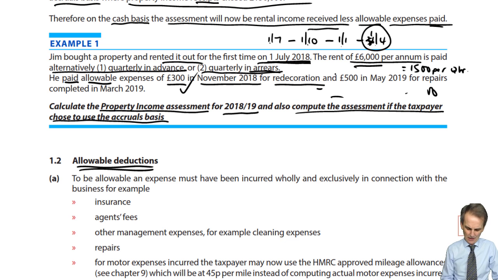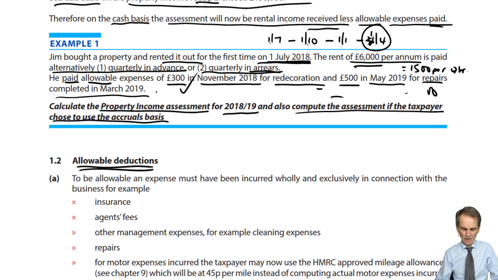Redecoration, as we'll see in the notes below, any repairs, redecoration work that is done on the property, that's going to be fine. That will be a revenue expense and will be allowable. So that £500 is an allowable expense. But it was paid there in May 2019, even though the repairs themselves were completed in March 2019.